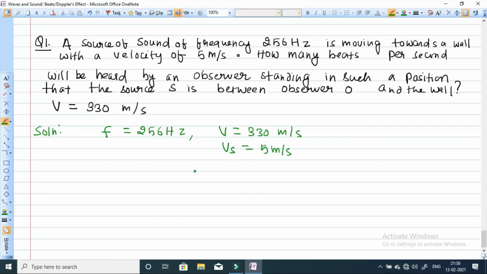How many beats per second will be heard by an observer standing in such a position that source S is between observer O and the wall? So first let me draw the diagram. From the diagram we can analyze this problem, then we will solve it.